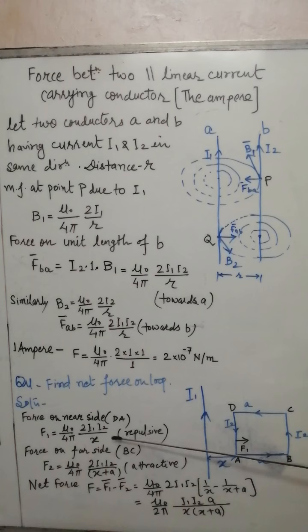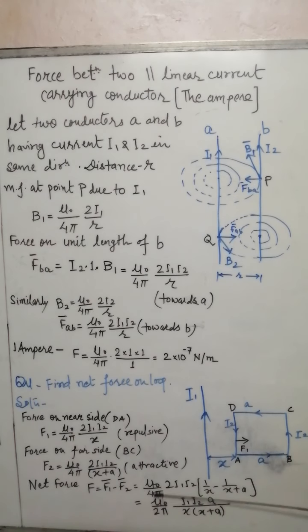From these two equations, which is larger? F1 is larger, and we have to find the net force. So the net force will be F equal to F1 minus F2, because F1 is greater. Subtracting F2 from F1, we get mu naught by 4 pi 2 I1 I2 times 1 by x minus 1 by x plus a.